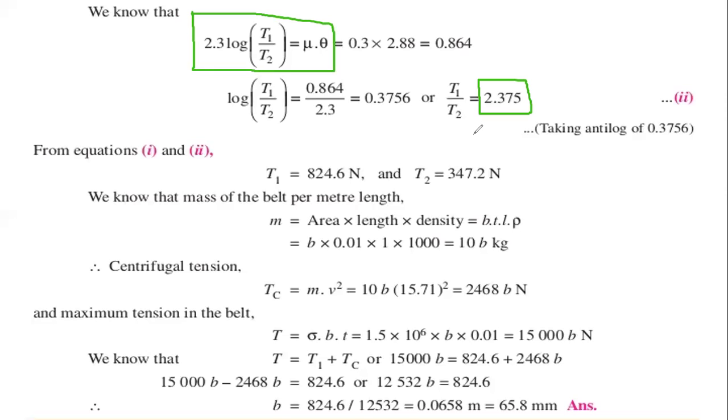So from the two equations we got T1 as 824.6 newtons and T2 as 347.2 newtons. The value of T1 is 824 and the value of T2 is 347 newtons.